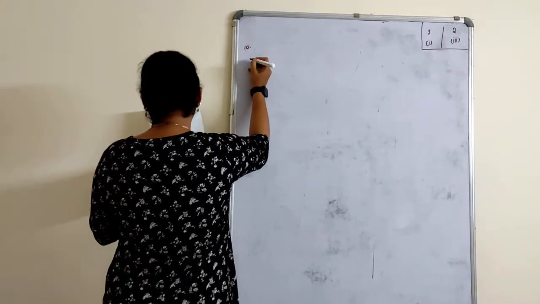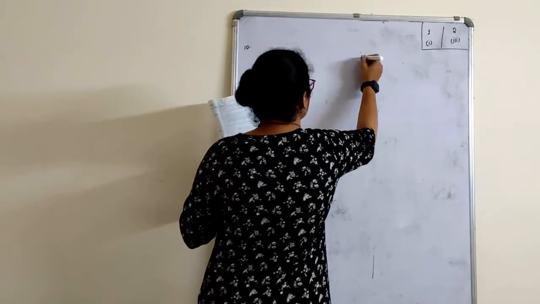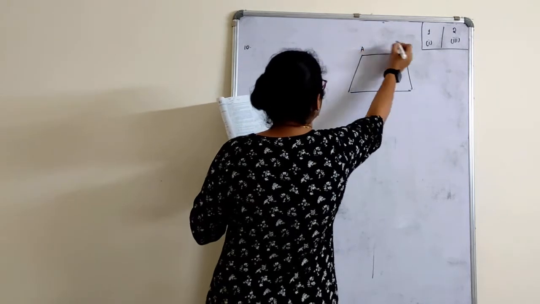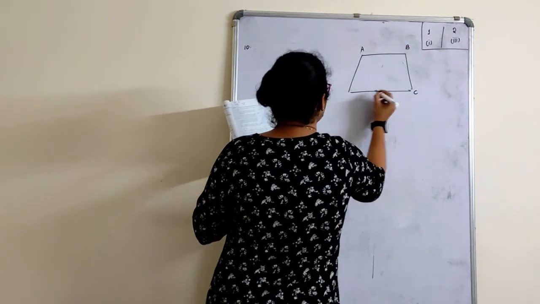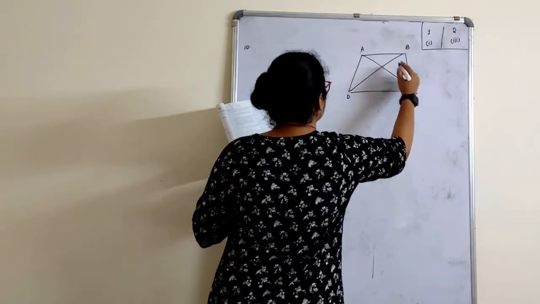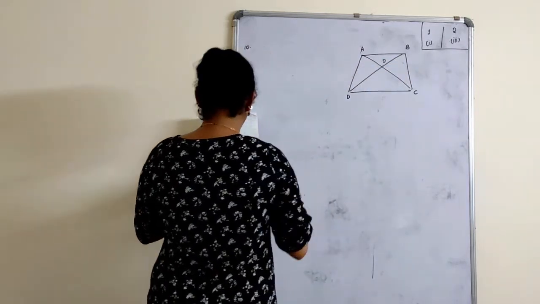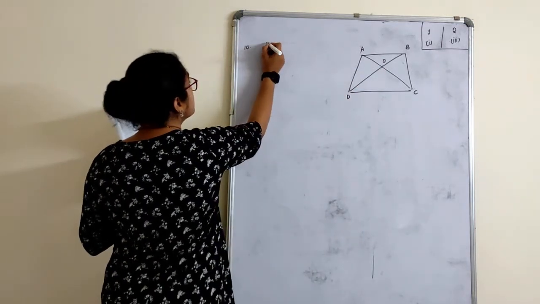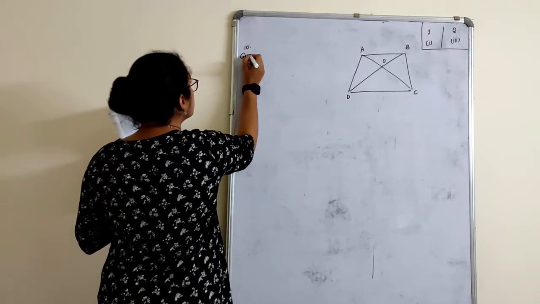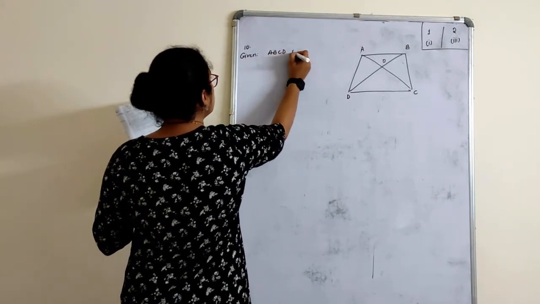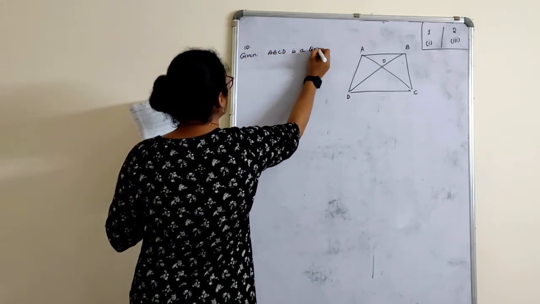10th one and the last one. So let ABCD be the given quadrilateral. So these are the diagonals. Given: ABCD is a quadrilateral.